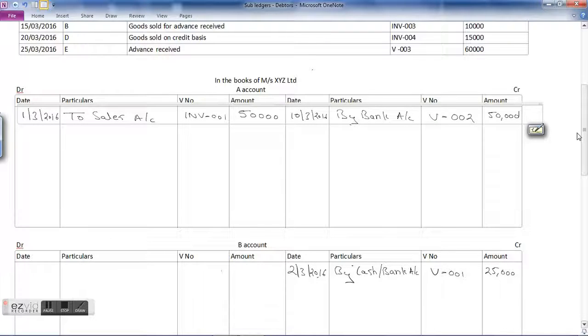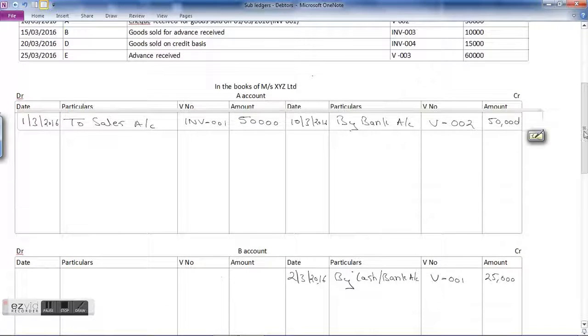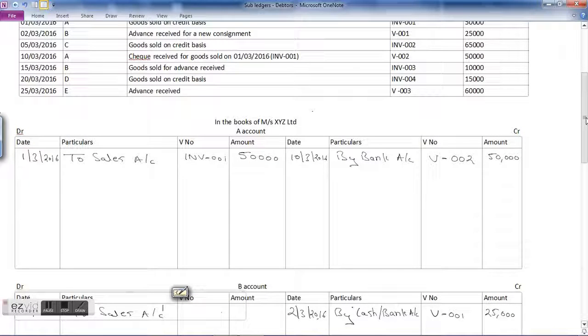On the debit side of B's account, we will post the entry: 15/3/2016 is the date, B's account debit to sales account, and the invoice number is INV 003 and the amount is 10,000.